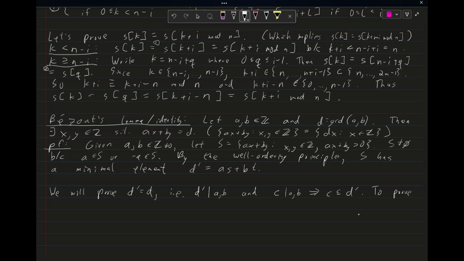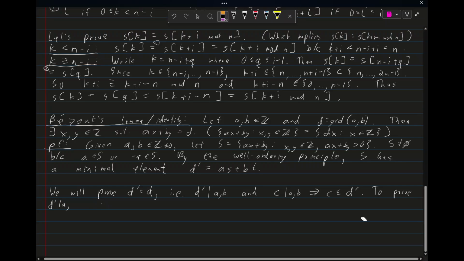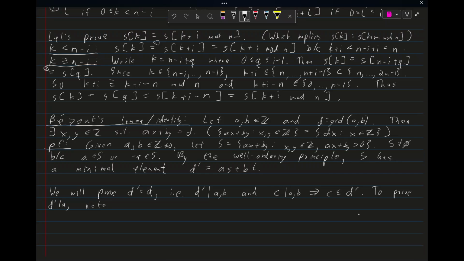To prove that d prime divides a, we'll note that a is equal to d prime times q plus r for some integers q and r, where r is at least 0 and less than d prime.